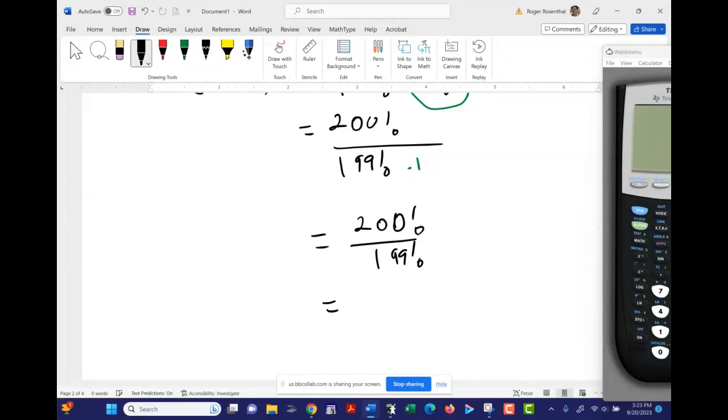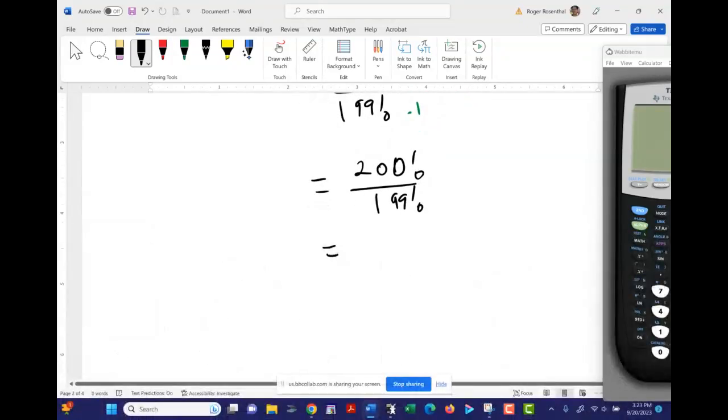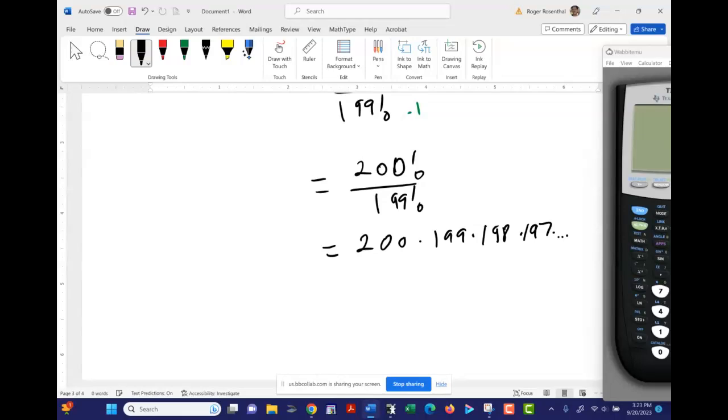So this is equal to 200 factorial over 199 factorial. If you've got the idea, maybe you can even do that in your head and see the answer, but let me go further. So this is 200 times 199 times 198 times 197, and so on all the way down to 1, divided by 199 times 198 times 197, all the way down to 1.